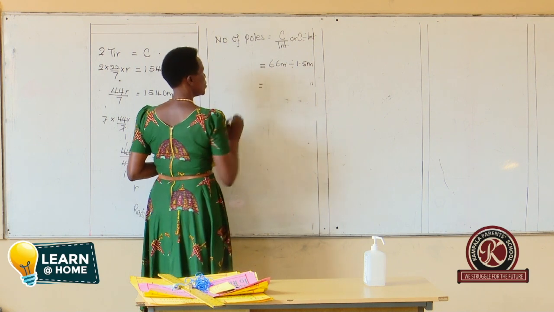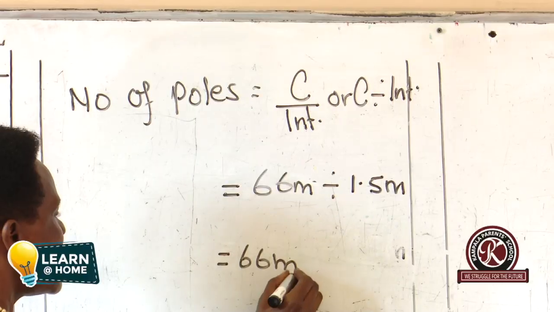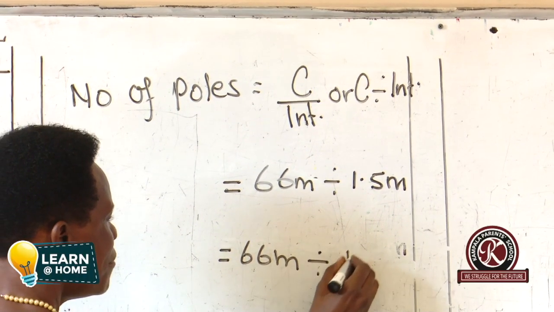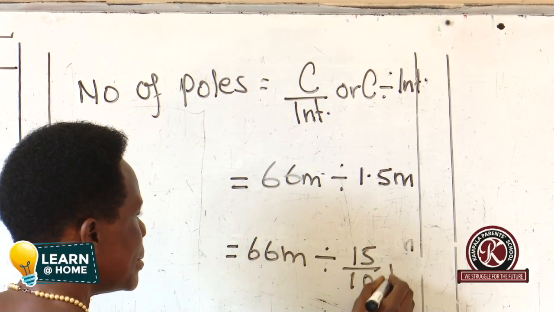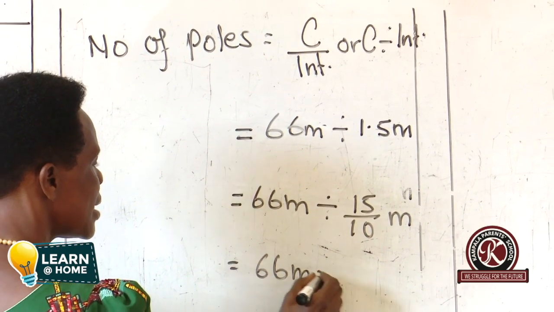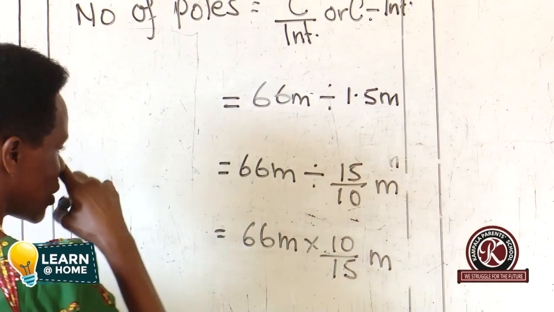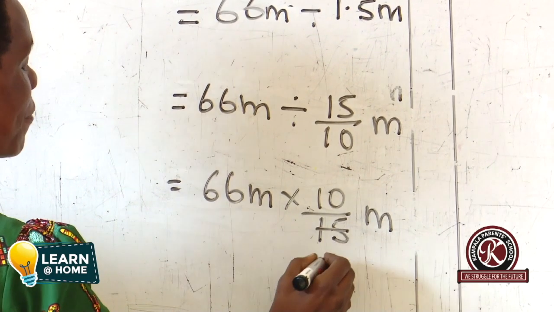Now we have 66 meters divided by 15 out of 10 meters, which is giving us 66 meters times 10 out of 15 meters.